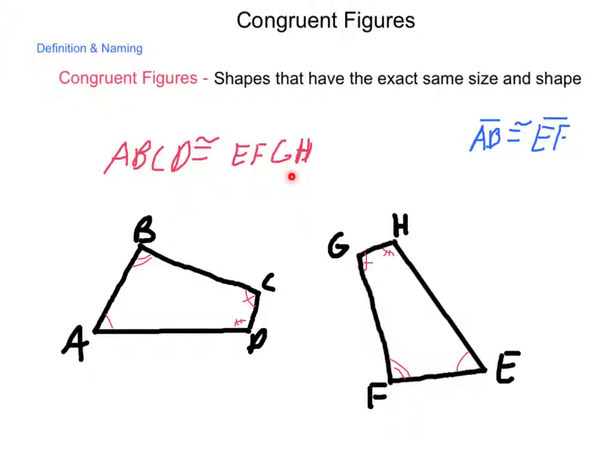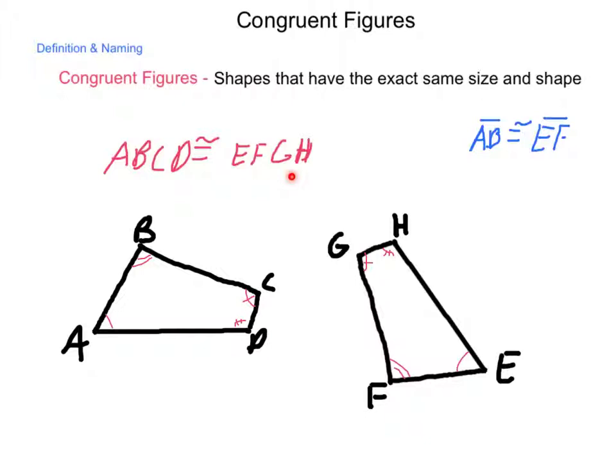So being able to name our shapes by corresponding parts becomes very important. We can use this as we move forward in talking about correspondence to determine whether or not objects are congruent to one another, and if so, how to name them.